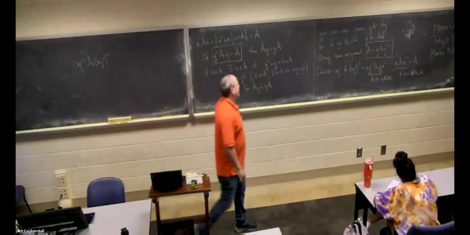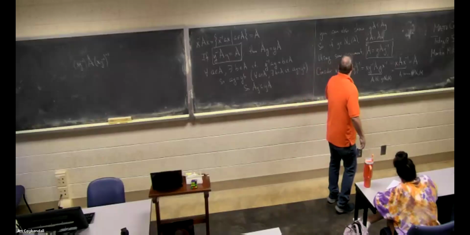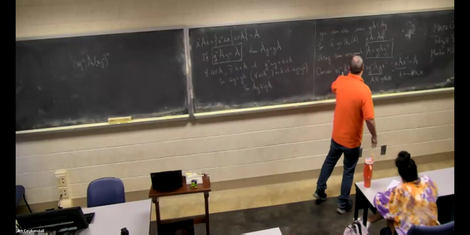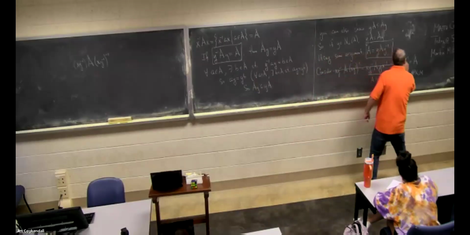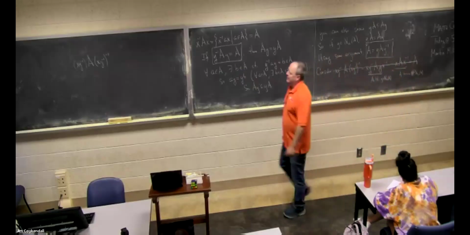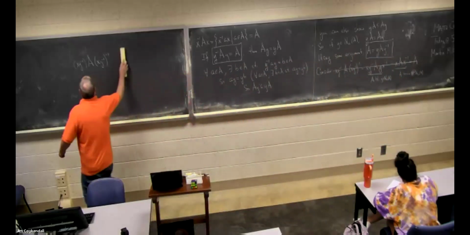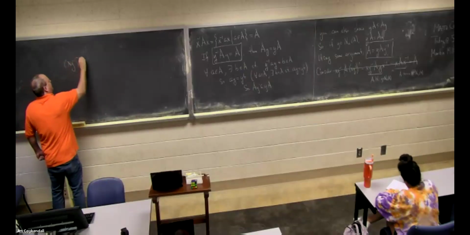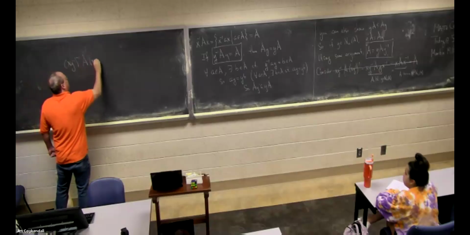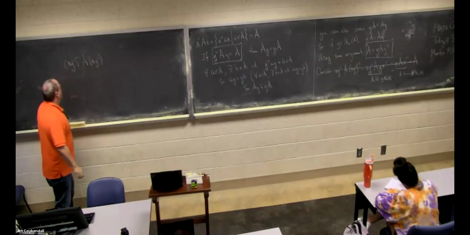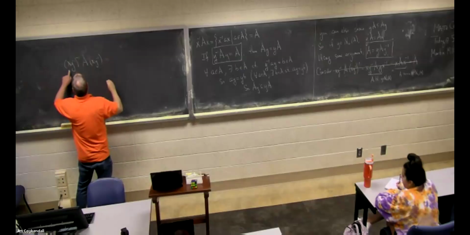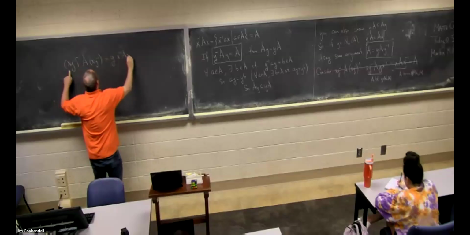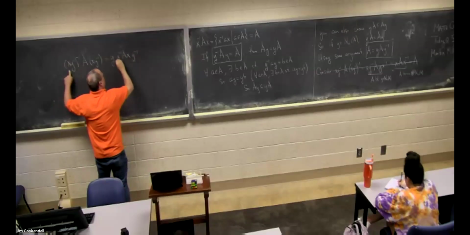My fault. I conjugated in the opposite order from what I did here. I should have. It actually won't make a difference, but that's my mistake. It'll be the same computation. This is Y X inverse A X Y inverse.